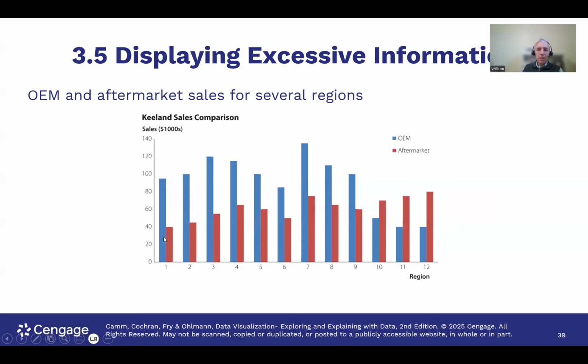And so it's very easy for me to see that the trend of the red one is like this and the trend of the blue one is like this. Not everybody's like that because not everybody has seen as many side-by-side bar charts as I have. I'm not boasting. I'm just saying that my eye is highly trained to seeing this kind of a chart. Your eye may or may not be, but you got to think about your users and decide whether they're going to be highly trained or not.